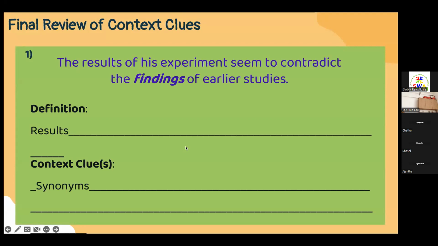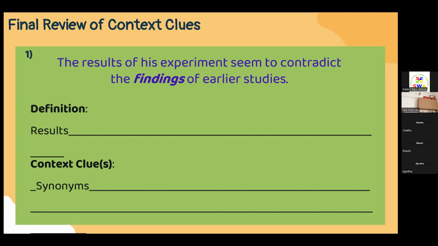Okay, so this one, the meaning of findings means results. It's actually like what you all mentioned earlier. This is information discovered as a result of the experiment. So the type of context clues used here is a synonym, which means words with similar meanings.